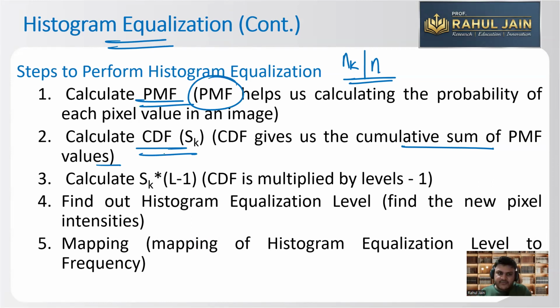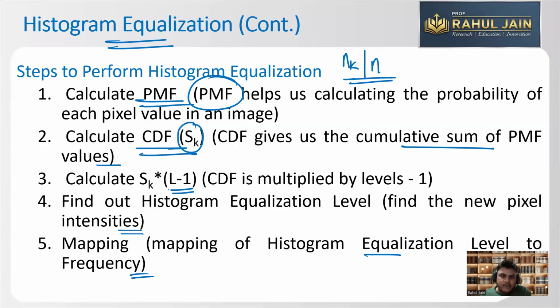We can also represent the CDF with Sk. If we multiply each CDF value with L minus 1, where L is the number of levels, we get the histogram equalization level, meaning the new pixel intensity.